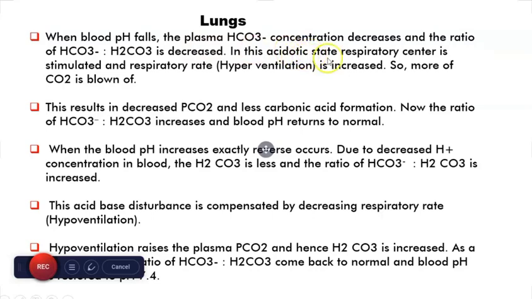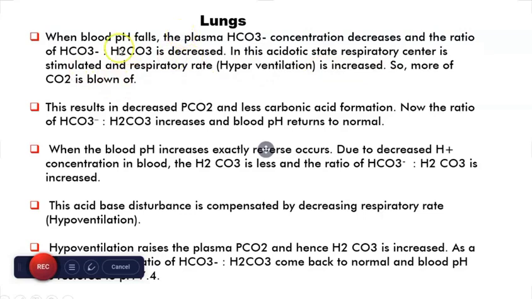Acidosis. The acidotic respiratory center is stimulated, because the body is already in the acidotic state. So this respiratory center is stimulated, and the body will be in a state of hyperventilation. Okay, so more of this CO2 is blown off.